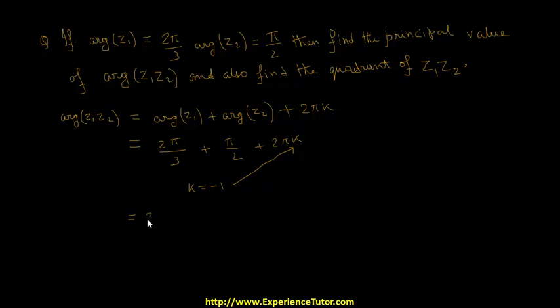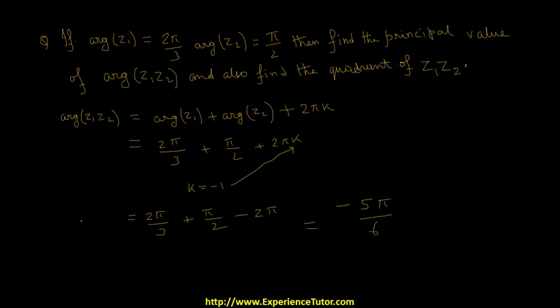Now the value will be 2 pi upon 3 plus pi by 2 minus 2 pi. Upon solving, we'll get minus 5 pi by 6.